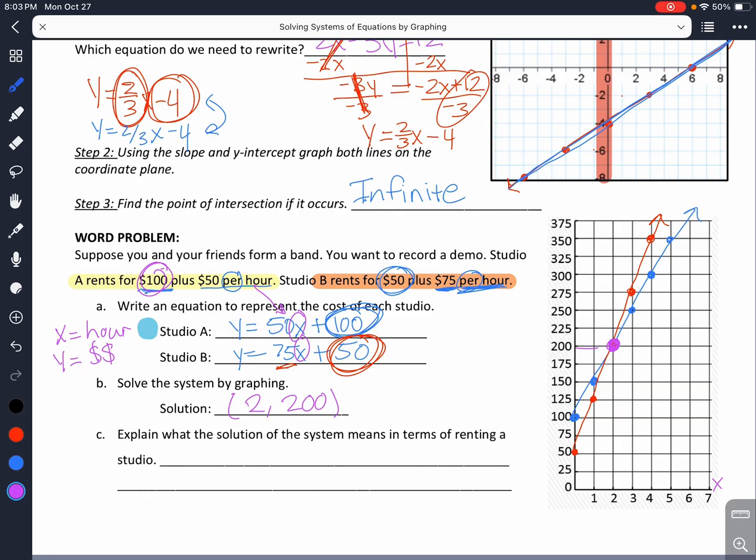So here, what this is saying is for 2 hours, it costs $200 to rent, and that's at both studios. So at Studio A, if we rent for 2 hours, we would pay $200. At Studio B, if we rent for 2 hours, we would pay $200.